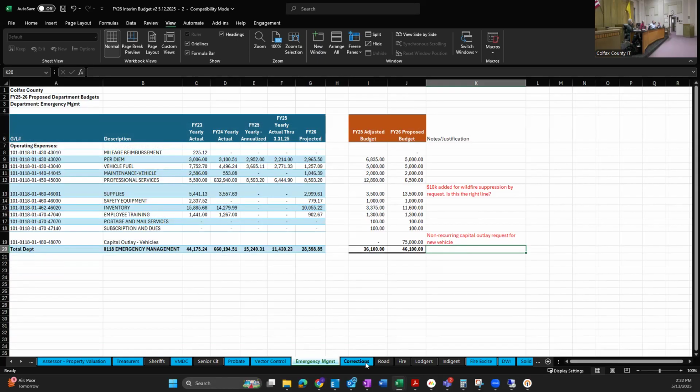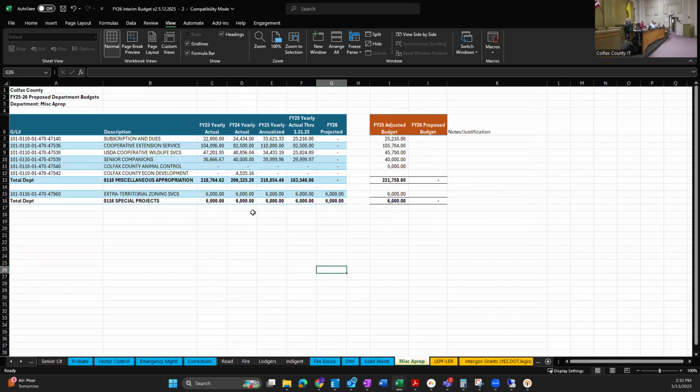Justin, what I was asking earlier, you have over in miscellaneous appropriations. That's what I was just looking at. There's nothing budgeted yet. So for the USDA, we need to budget all that over. Yeah, that hasn't been addressed yet. You could pretty much just transfer all that over.